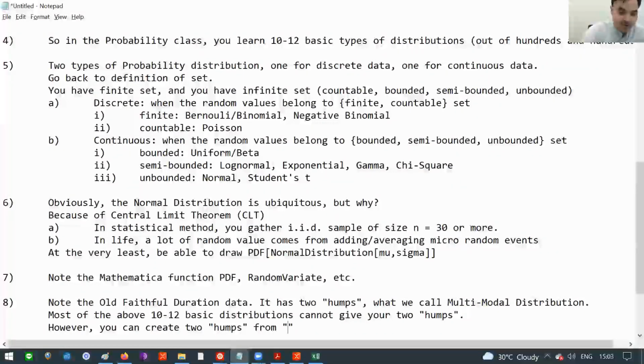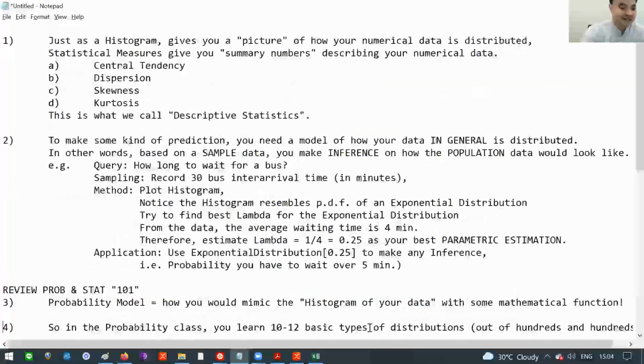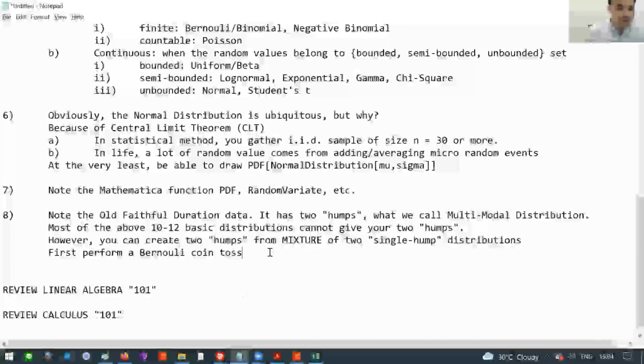However, you can create two humps from what's called a mixture of two single-hump distributions. So first, perform a Bernoulli coin toss.